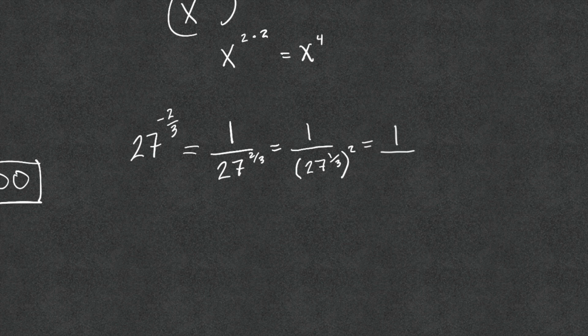Now we can show the cube root. The base is the same, raised to the 2nd power. Do you remember what the cube root of 27 is? So it's 3.